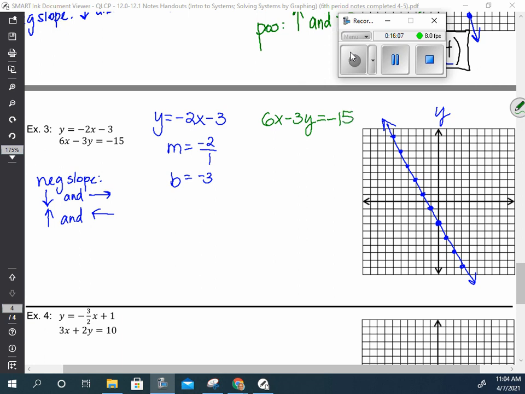Second equation. What do we have to do first? You can't graph that yet. So something has to happen to this before we can start that problem.